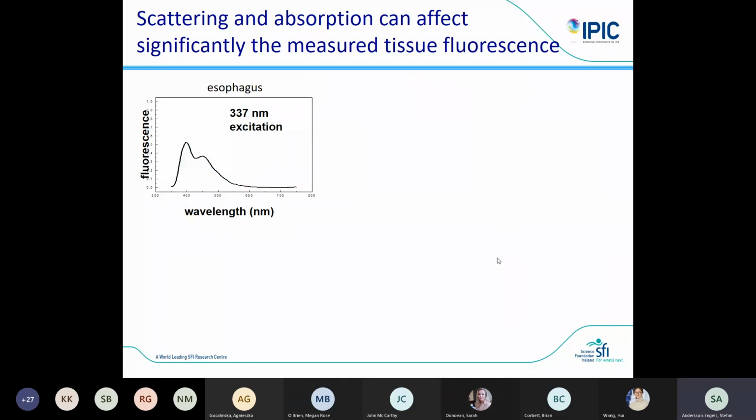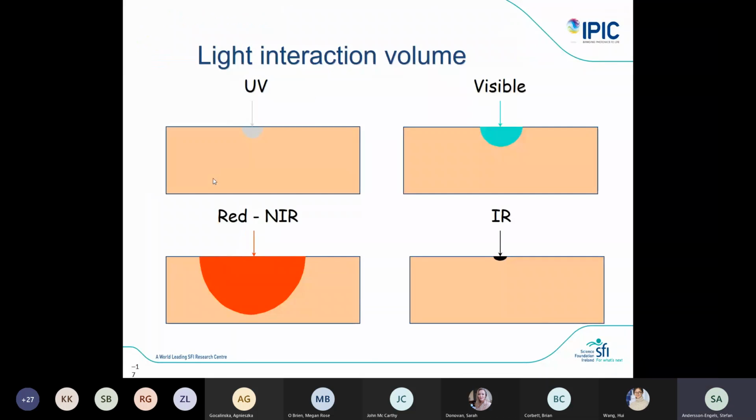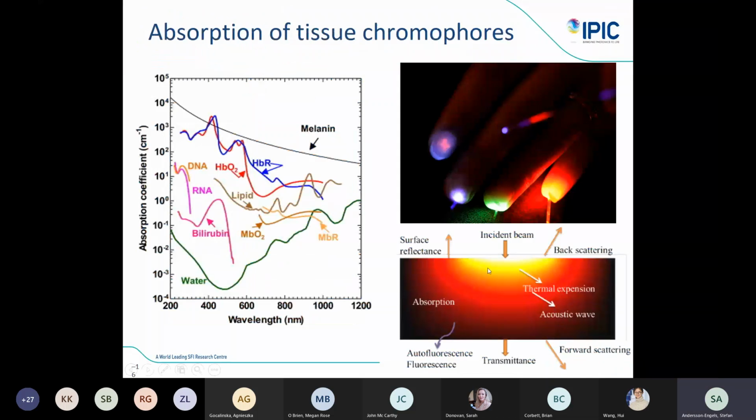So the other effect that I would like to mention here is that the absorbers not only limit the penetration and the probe volume of the light, but it also actually influences the shape of the spectrum, the emission spectrum that you look at. And that is because if you look at this, you see the incident light coming out here, the light coming out has actually penetrated through the tissue some path.